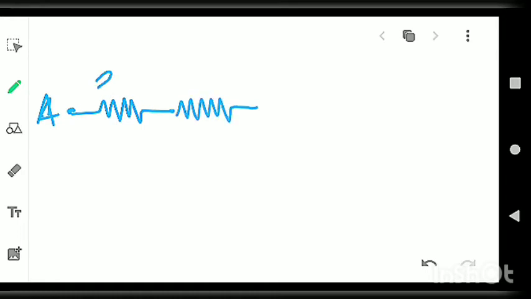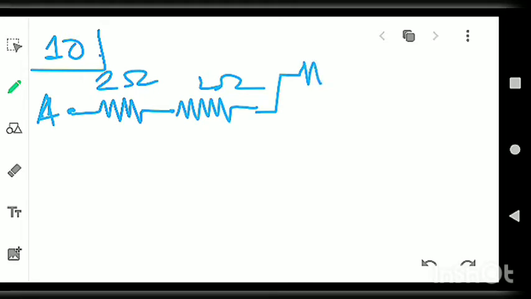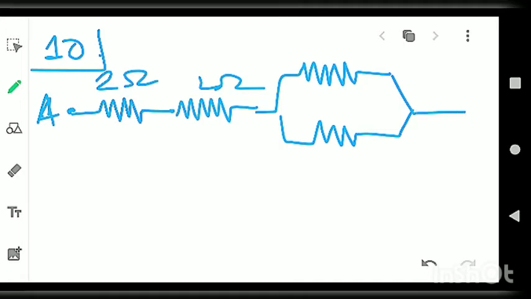Number 10 is like this: this is the point A. Here is a circuit of resistance 2 ohms and another 2 ohms, both connected here. It's question number 10 in your exercise. Then two resistors are given in parallel. They are also 2 ohms. How to solve for this? Any idea? Very easy. We will first solve the parallel portion.